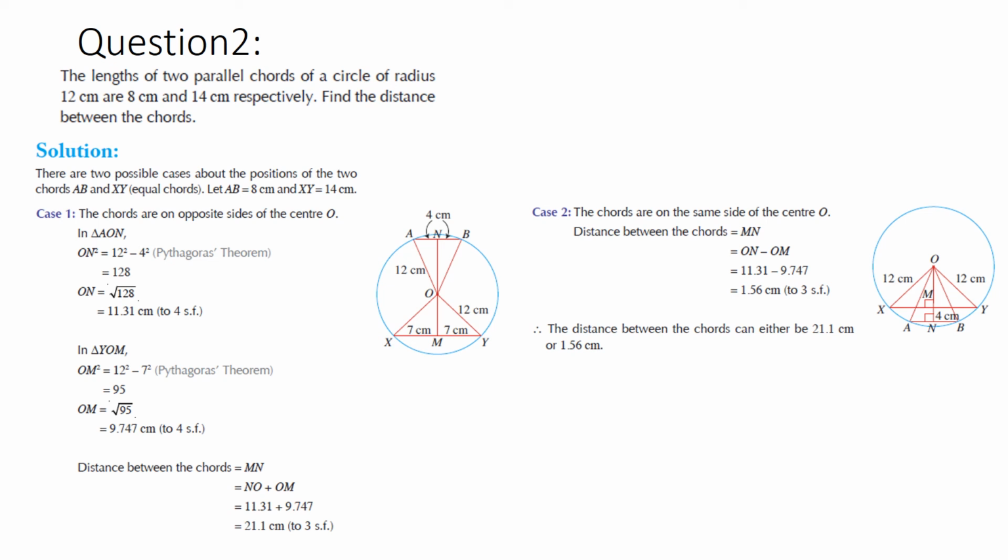The length MN will become 11.31 minus 9.747, and that will be equal to 1.56 centimeter, correct to 3 significant figures. Hence the distance between the chords will be either 21.1 centimeter or 1.56 centimeter.